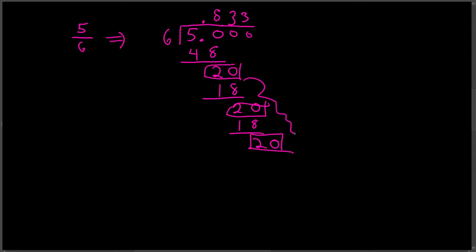This is never going to end now. And I'll keep getting 3s. And this is called a repeating decimal. And so what we write repeating decimals as is we take the part that repeats and we put a bar over it to say that this decimal is going to repeat forever, the 3 part. And there are certain fractions that just cannot be written as decimals without them repeating.